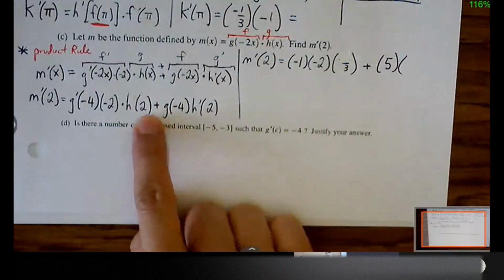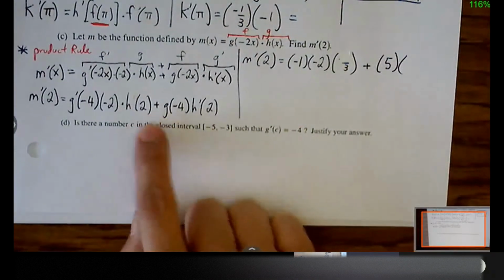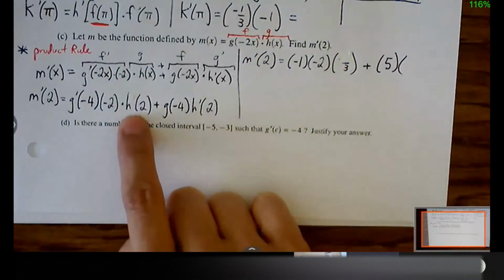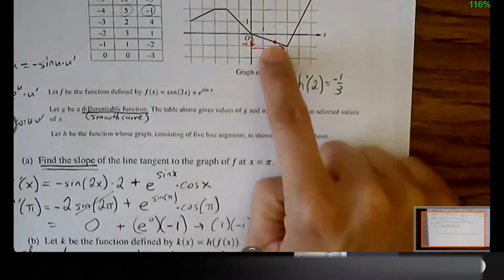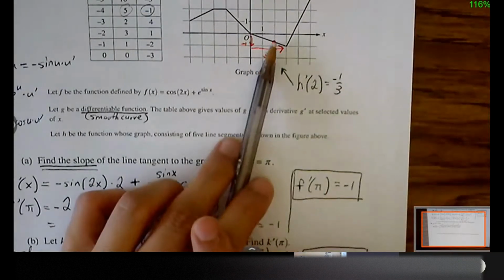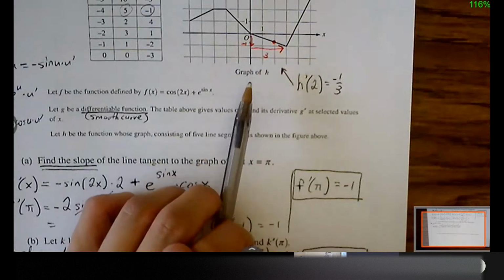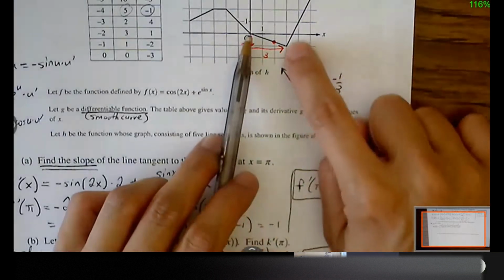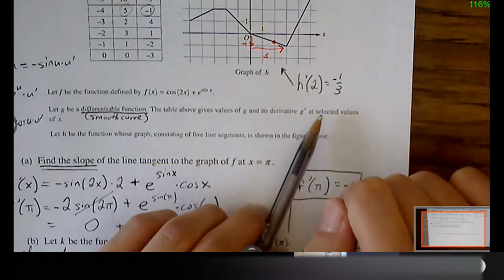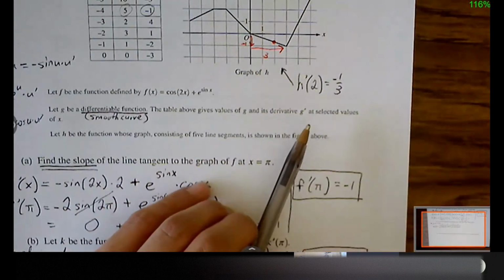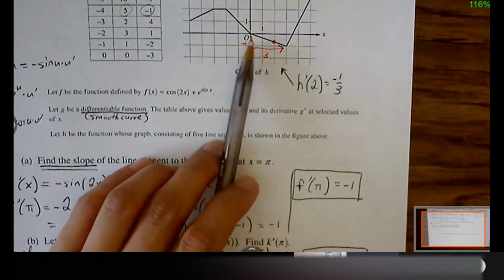So it's asked, we need to find h of 2, not h prime. H prime of 2 is over here. We need to find h of 2 here. So h of 2 is, what is that ordered pair here? What's that y value right there? It's going to be a fractional value.